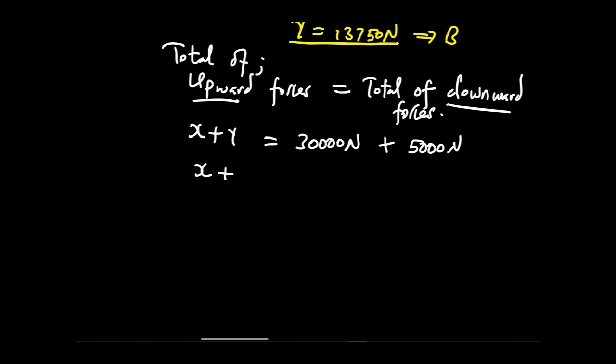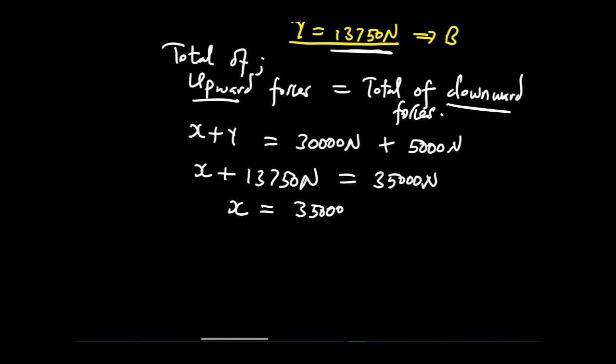So x plus y, the value of y we have got here. So it is 13,750 Newton, this should be equal to 35,000 Newton. So x will be equal to 35,000 Newton minus 13,750 Newton. Once you subtract here, you will get 21,250 Newton.